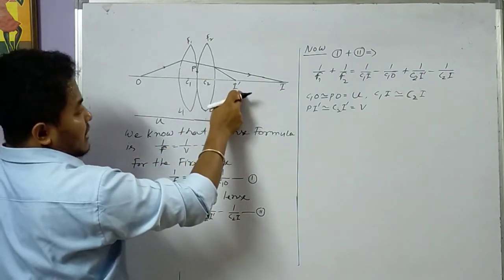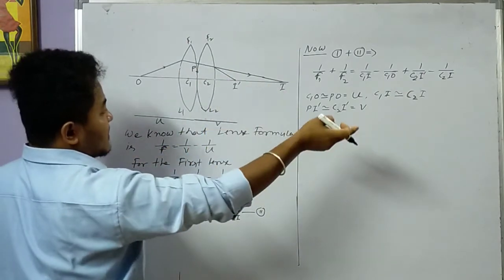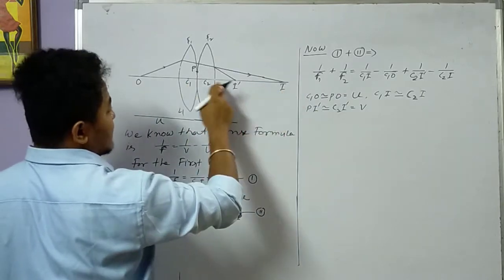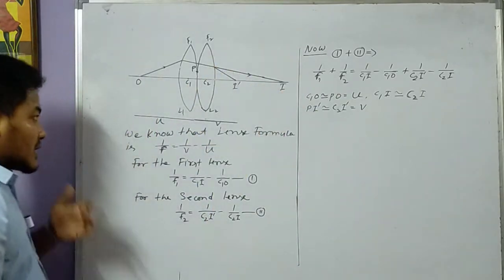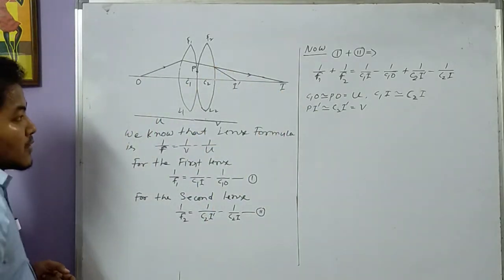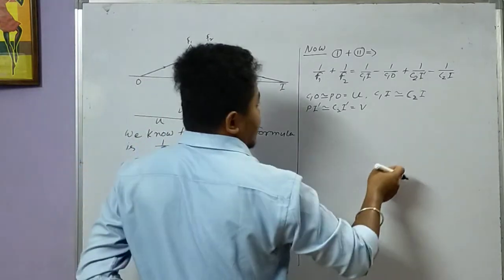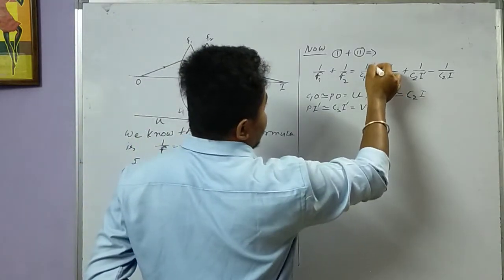That means again you can write C1I is nearly equal to C2I. These are our assumptions.